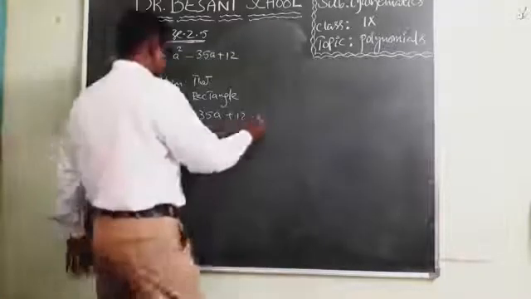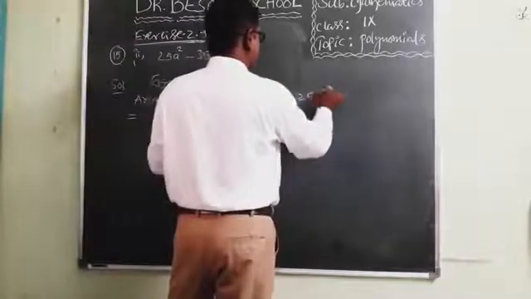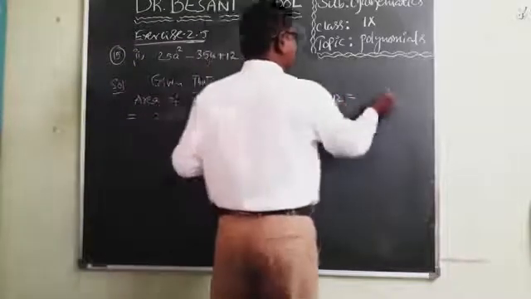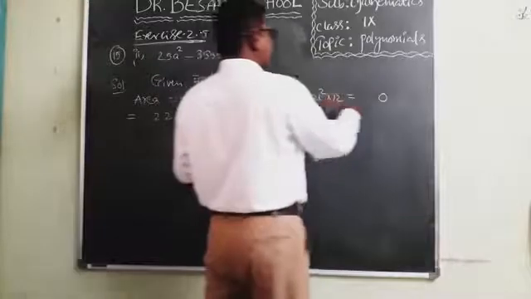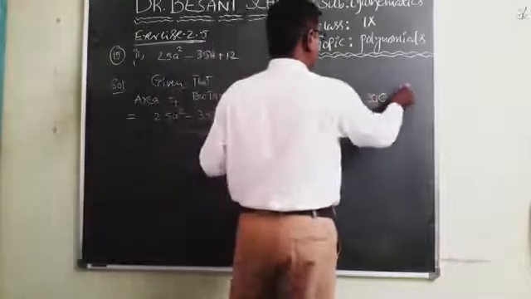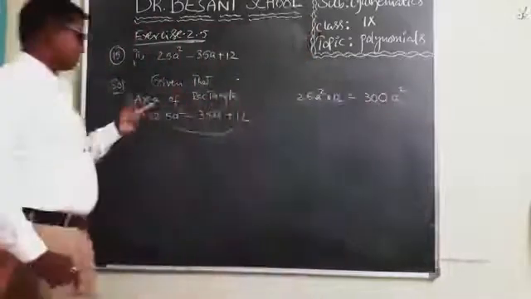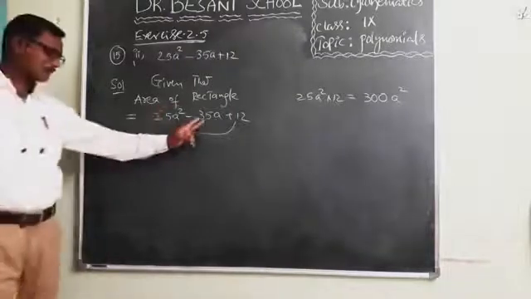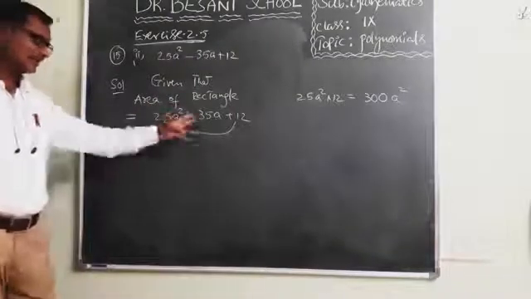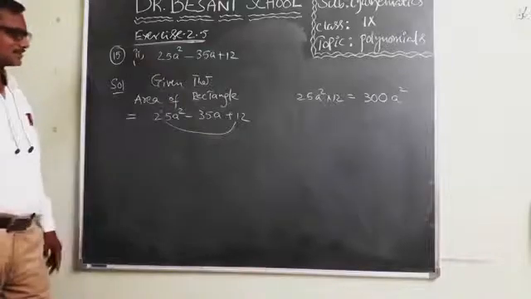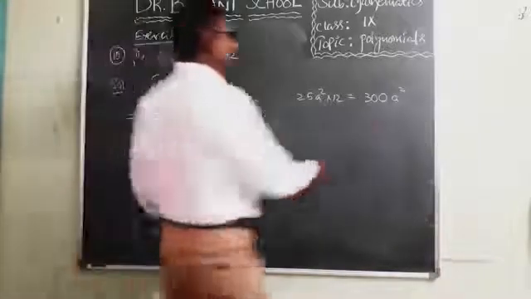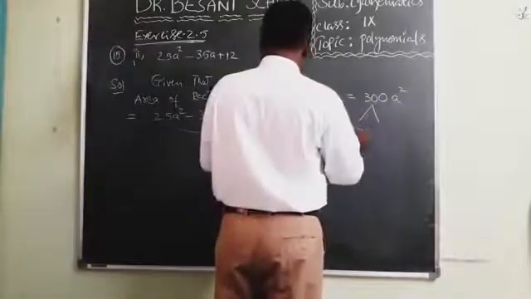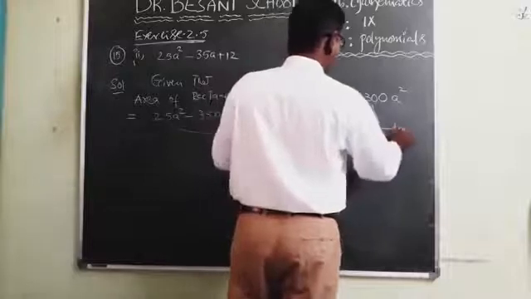First, product of extremes: 25a square into 12. 12 5s are 60, 12 2s are 24 plus 6, 300a square. So let us factorize 300a square into factors whose sum or difference must be minus 35a.